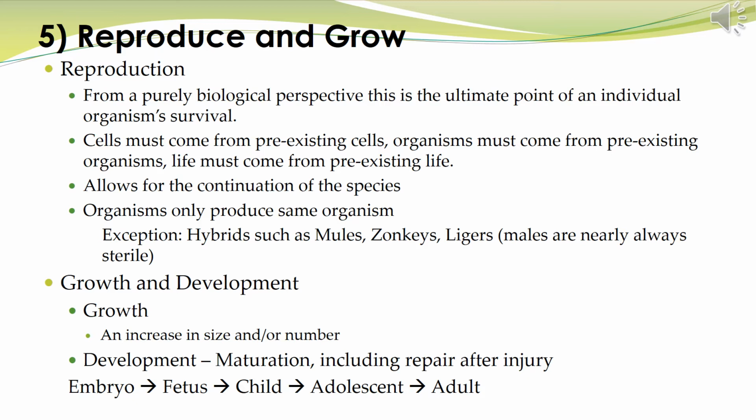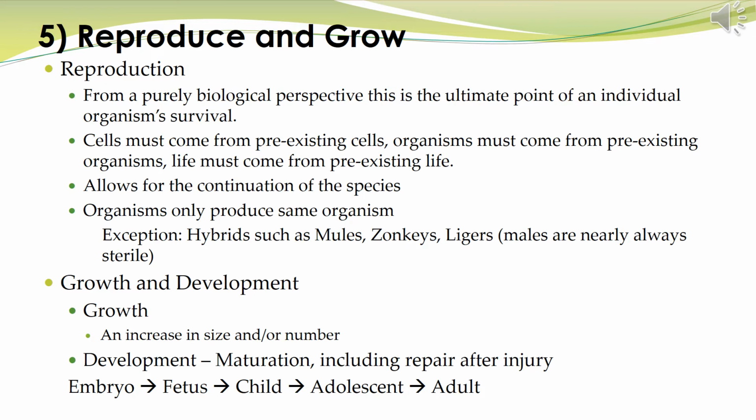And this holds true for cells as well. All cells must come from pre-existing cells. All organisms must come from other pre-existing organisms. And life must come from other pre-existing life. And this, of course, allows for the continuation of species, like I said.